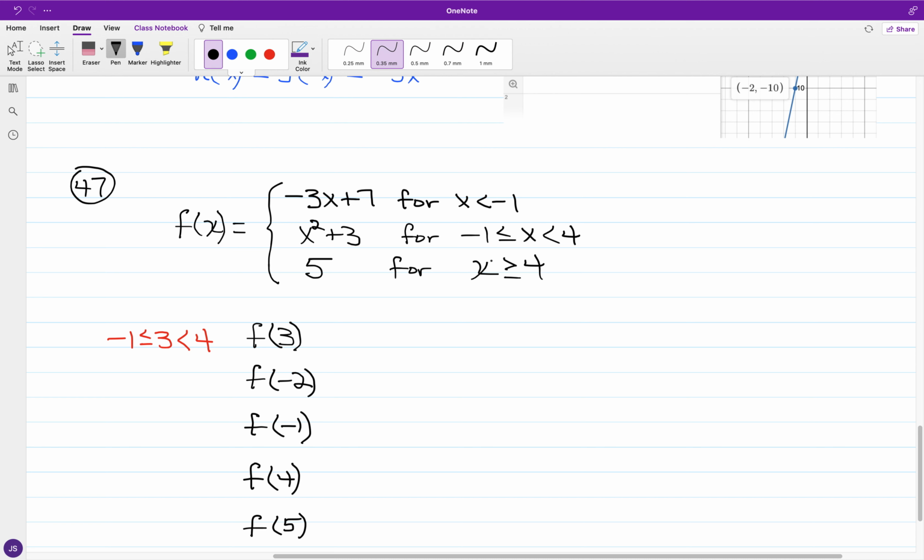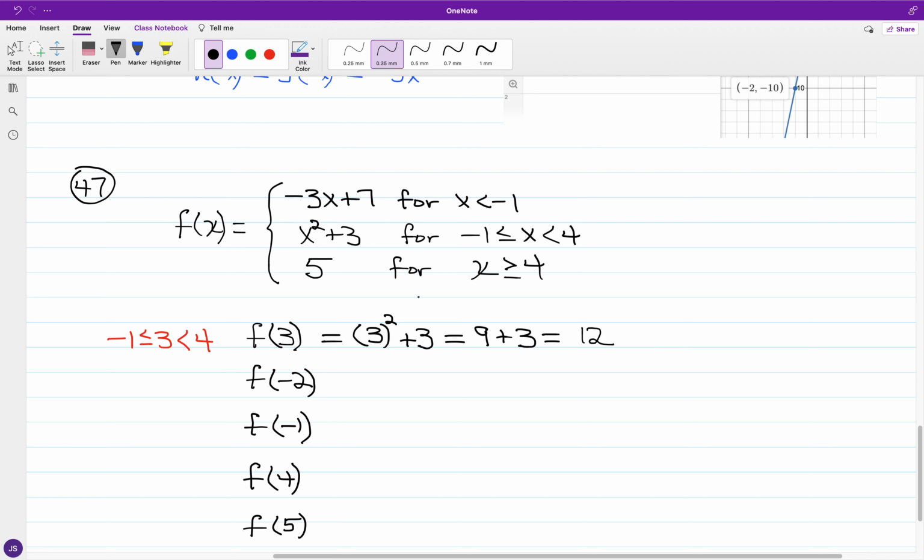And so, since this is the inequality, we're going to use the x squared plus 3 mode of operation. So this will be 3 squared plus 3. 3 squared is 9, and 9 plus 3 comes out to 12.